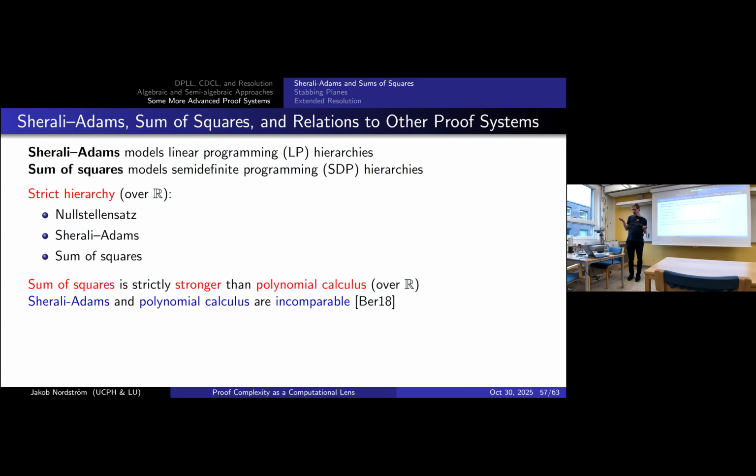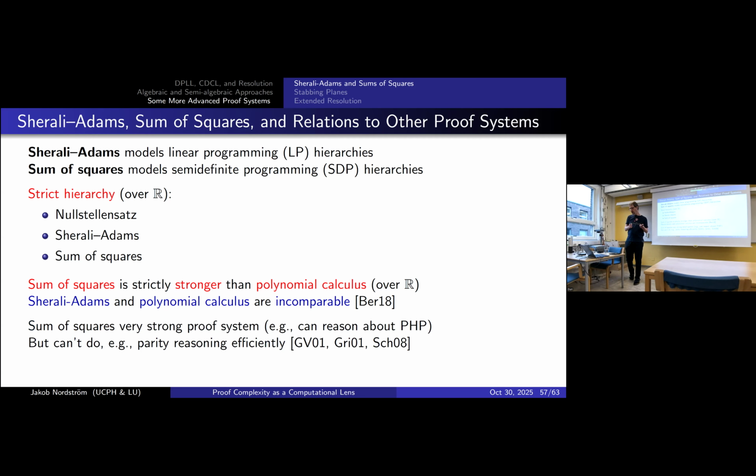But now what you need to be aware of also is that with polynomial calculus, you can start playing with the fields, and there are fields for which polynomial calculus would be better than sum of squares. So I won't say much about sum of squares, except that it is a very strong proof system. It can reason efficiently about the pigeonhole principle also. Many of the best theoretical approximation algorithms for approximately solving NP-hard optimization problems that we have can be modeled as sum of squares algorithms.